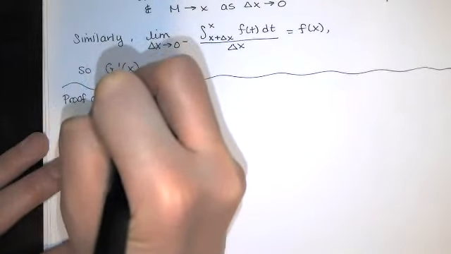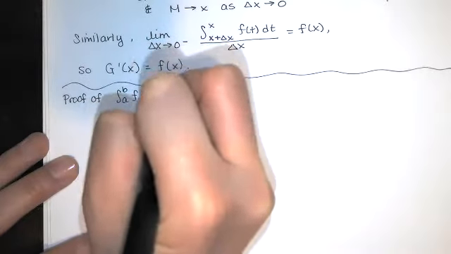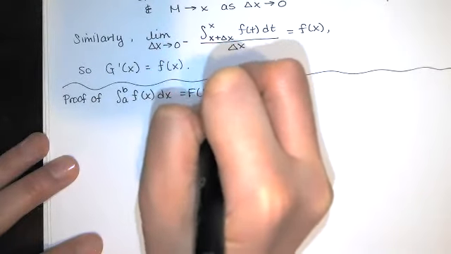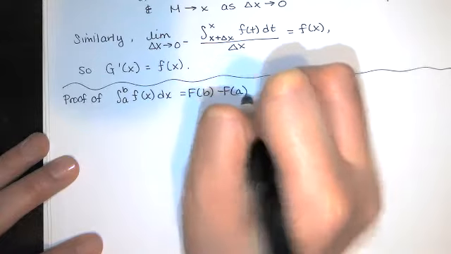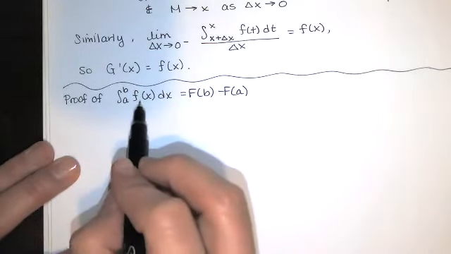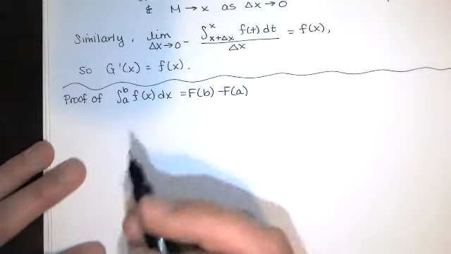So we're trying to prove that this is equal to this under the conditions that f is continuous and F is an antiderivative.